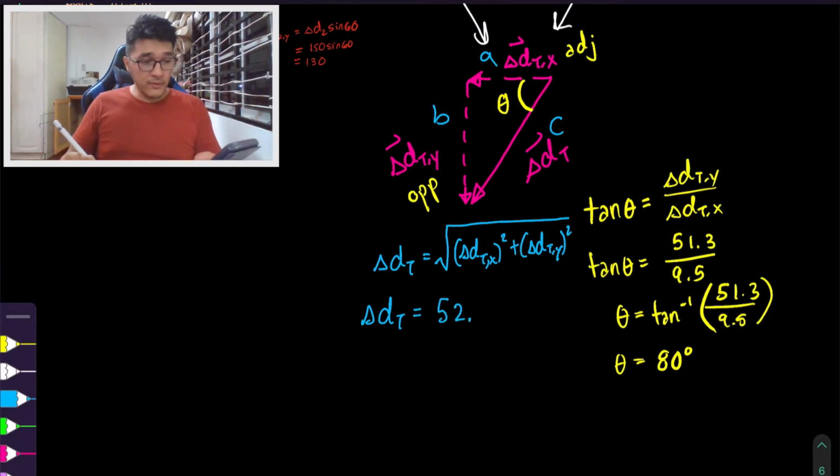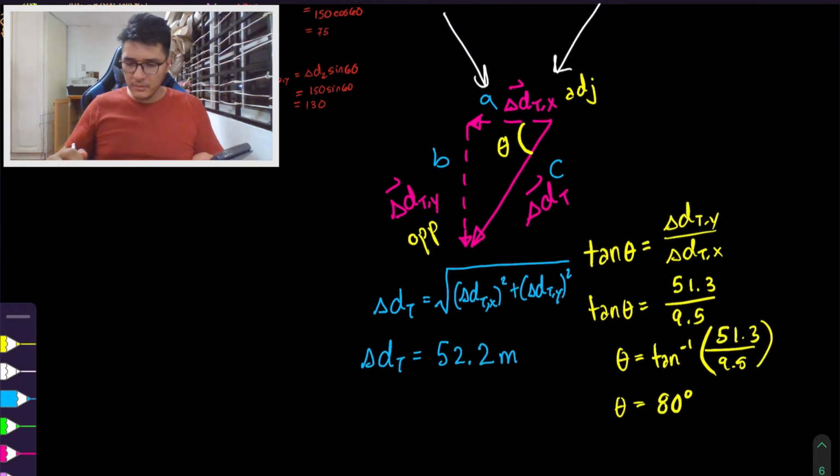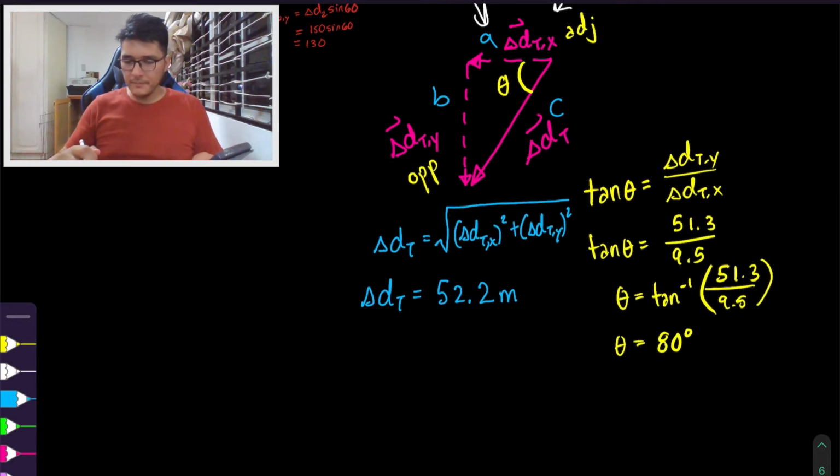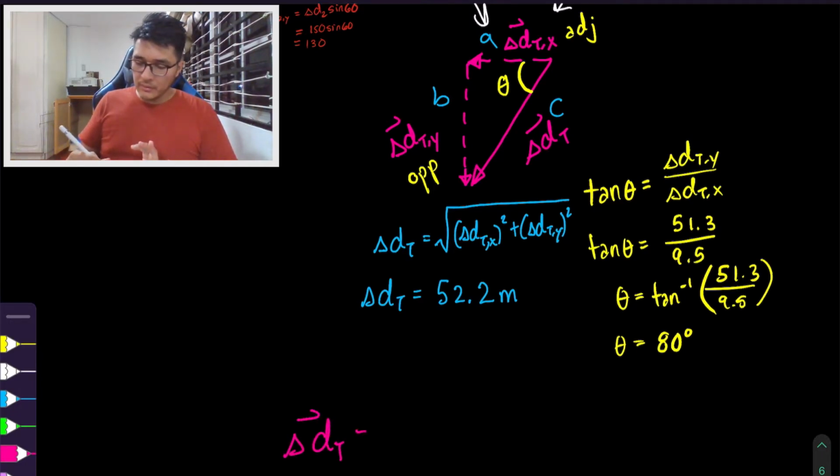So that's 52.2 meters, was it? Yes. Okay, so see, we had to find the magnitude and direction. Our total displacement vector has a magnitude of 52.2 meters, and the direction is going to be west 80 degrees towards south.